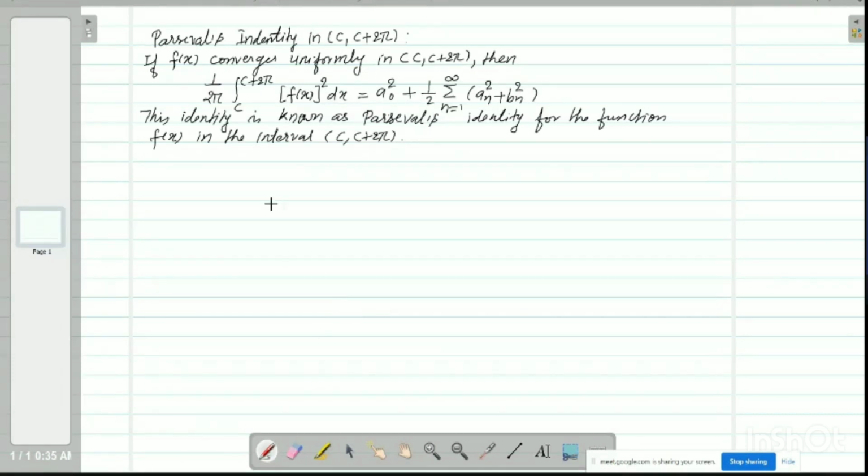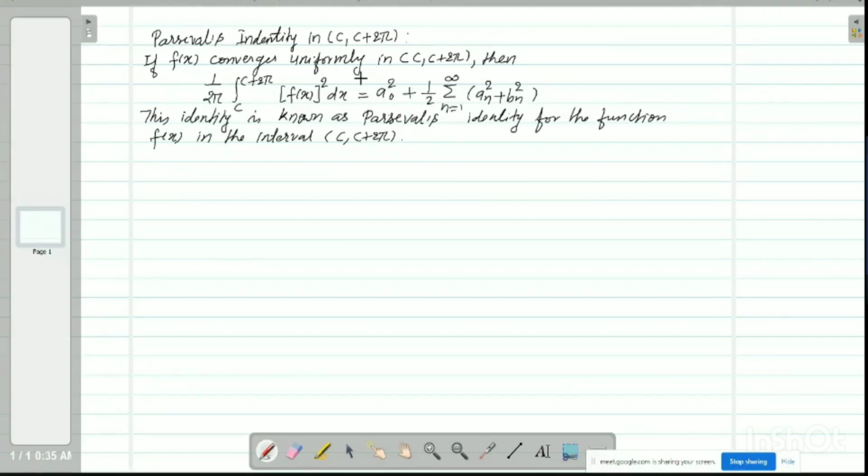You know the cases, c is 0 and c is minus pi. Your formula will be the same, but the limit will change. If c is 0, then 1 upon 2 pi integration with limit 0 to 2 pi of f of x the whole square dx equals a naught square plus 1 by 2 sum running from 1 to infinity of a n square plus b n square.